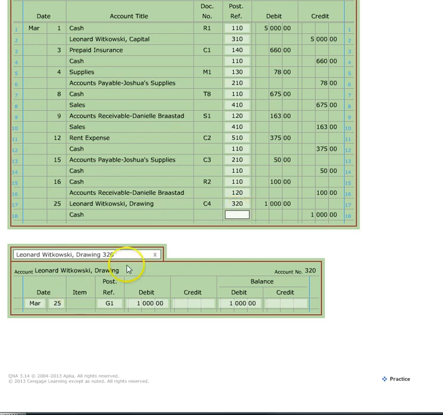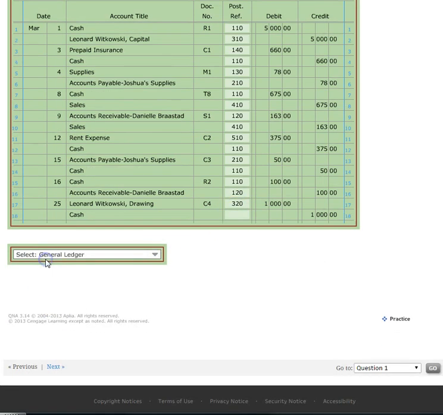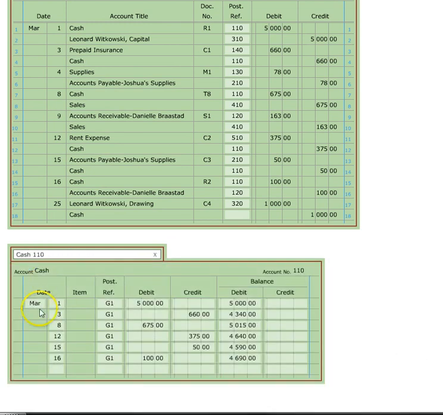Cash, on the 25th, General Journal 1, credit of 1,000. So that brings this down to 45, nope, let's see, yes, 45.90. I have to make sure I know which account I'm on. Because we paid cash, we're reducing our balance.